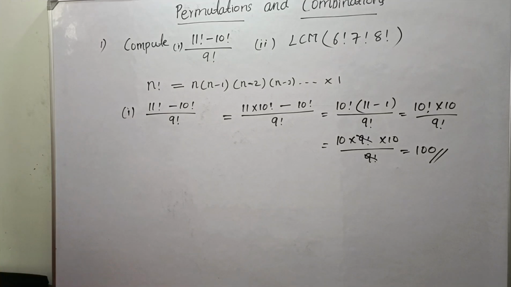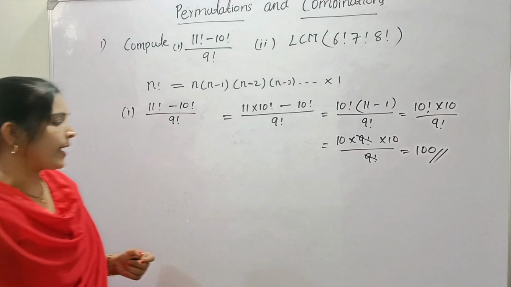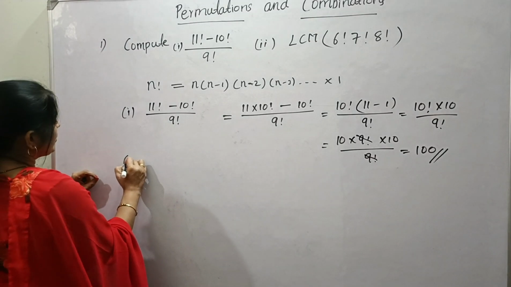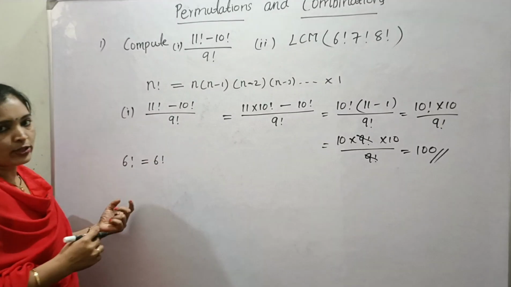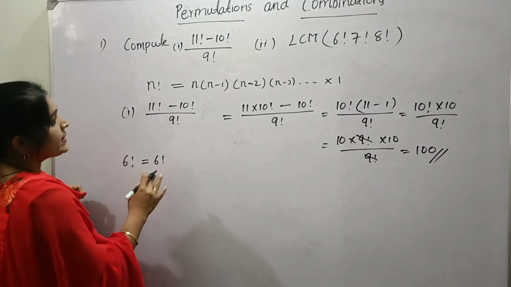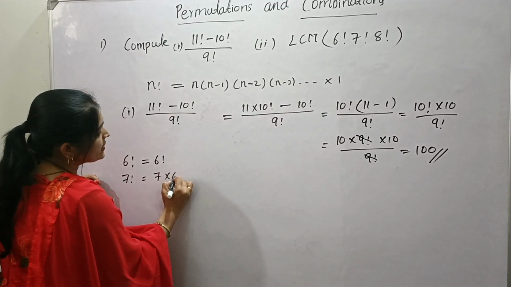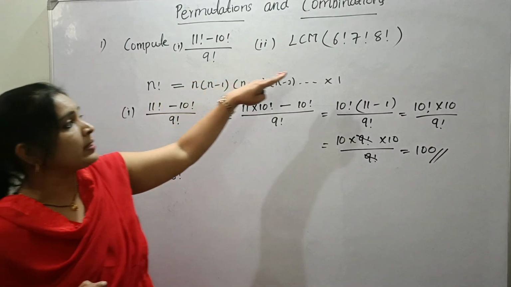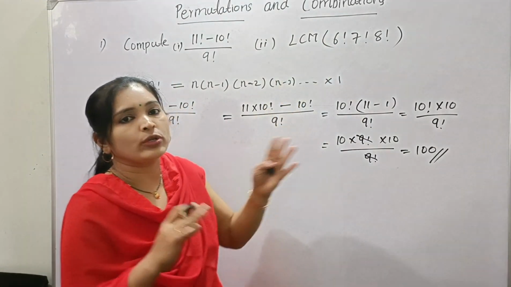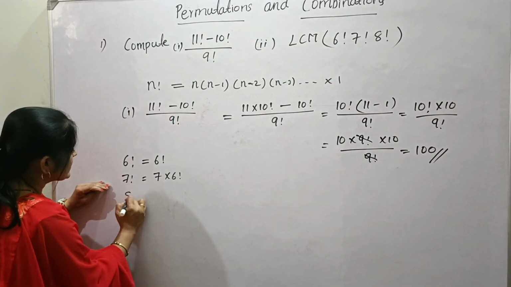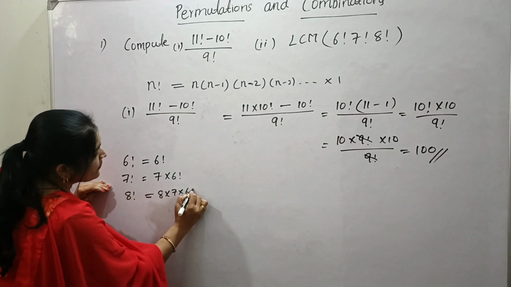Next, second one, we have to find the LCM of 6 factorial, 7 factorial, 8 factorial. 6 factorial can be written as 6 factorial, write as it is. Next, 7 factorial can be written as 7 into 6 factorial. Among these numbers, 6 factorial is the smallest, right? So write 6 factorial as it is. Next is 8 factorial, that can be written as 8 into 7 into 6 factorial.